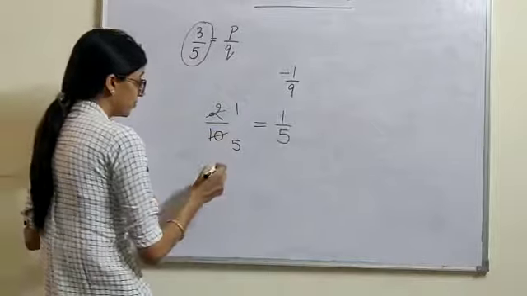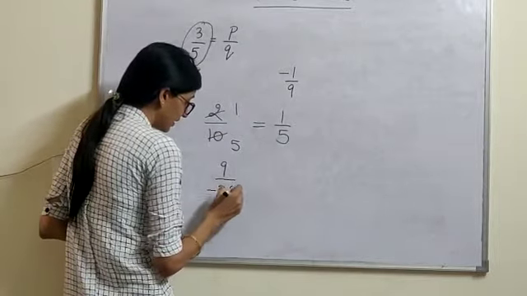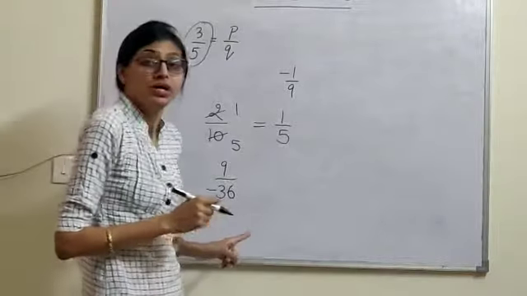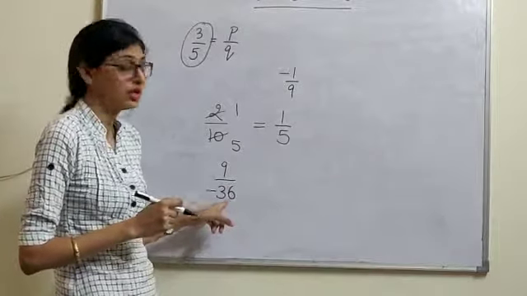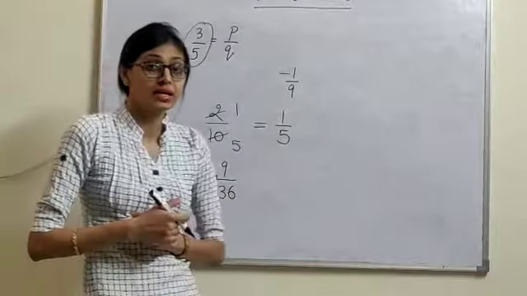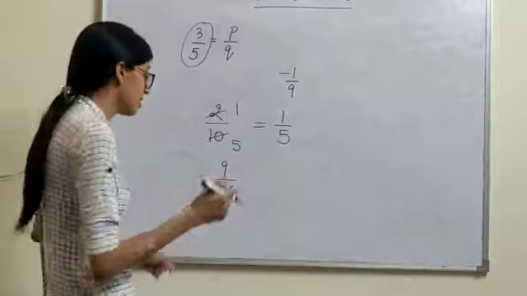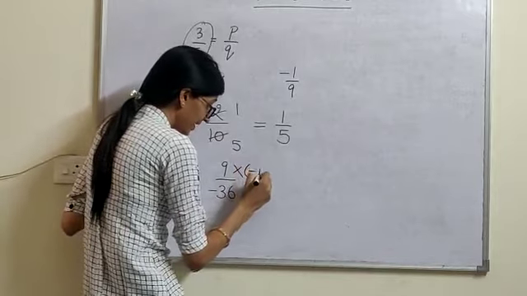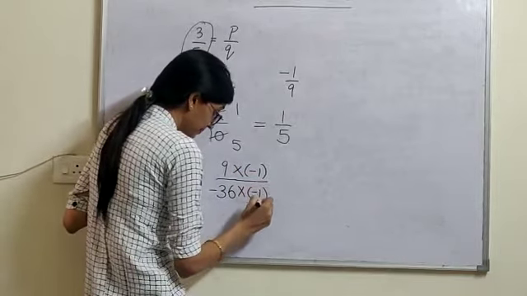We can take one more example, 9 upon minus 36. Now, first of all, you have to check whether the denominator is positive or not. Here the denominator is negative. Can we make the denominator positive? Yes, we can. Multiply both numerator and denominator with minus 1.